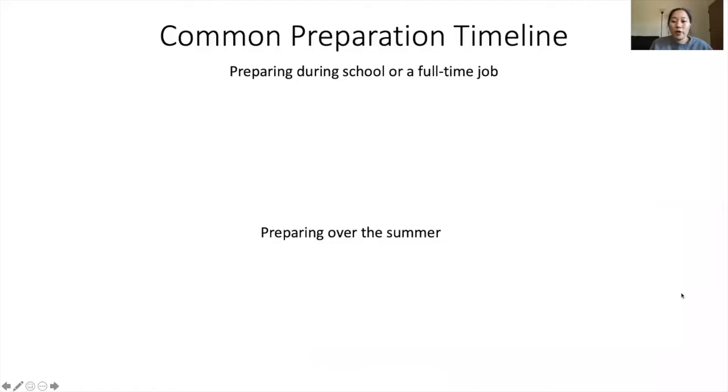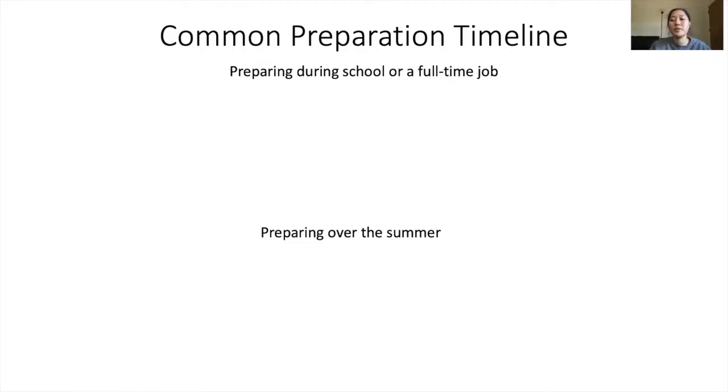So now before we go on to these two timelines, I'd like to tell you that most traditional applicants take their MCAT during their junior year of college. And by traditional, I mean applicants who apply at the end of junior year hoping to matriculate right after college.